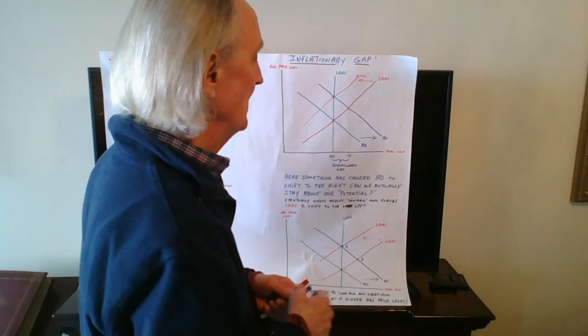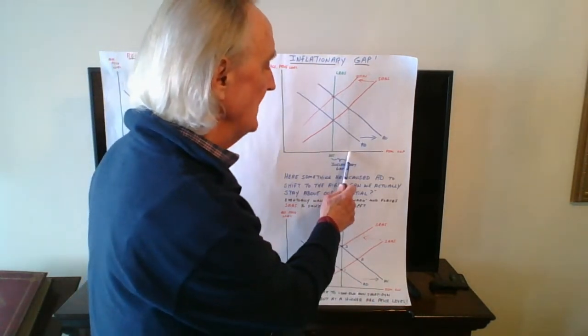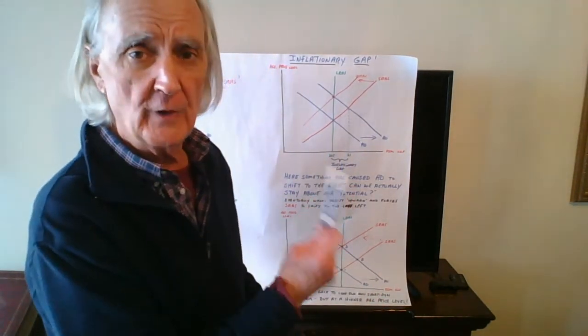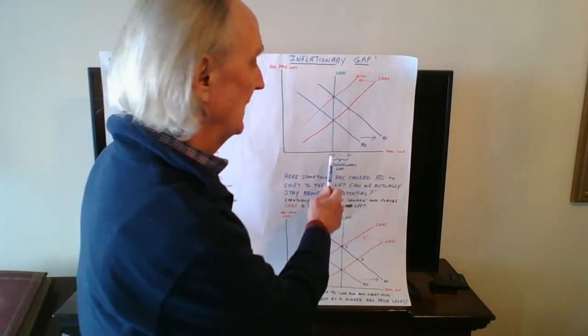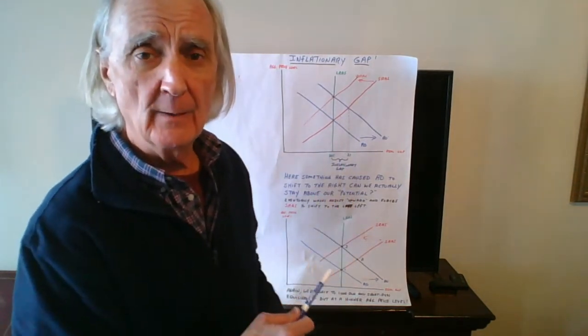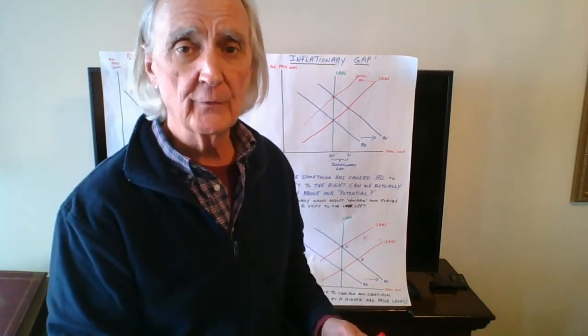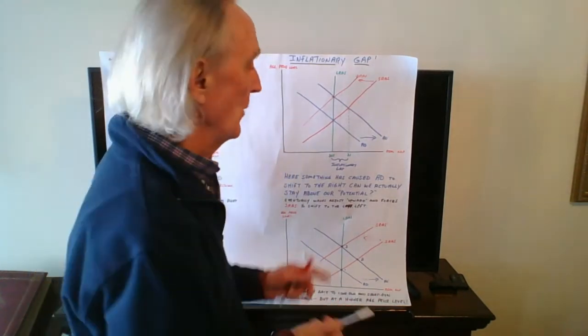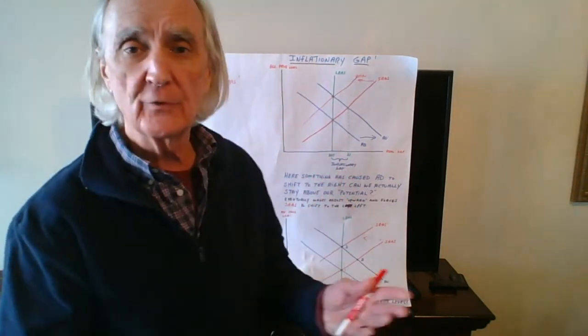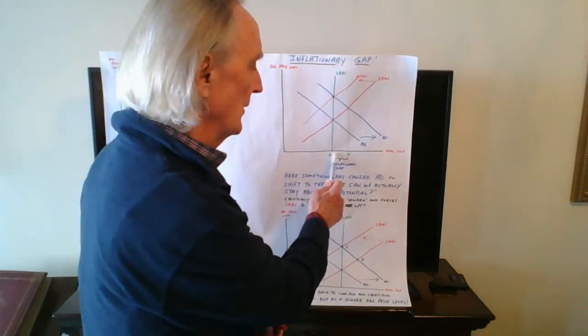And since we are to the right of our original starting point, we have this gap, and what's going to happen is higher prices are going to occur, so inflation. So we have a gap and inflation, so we call this an inflationary gap.